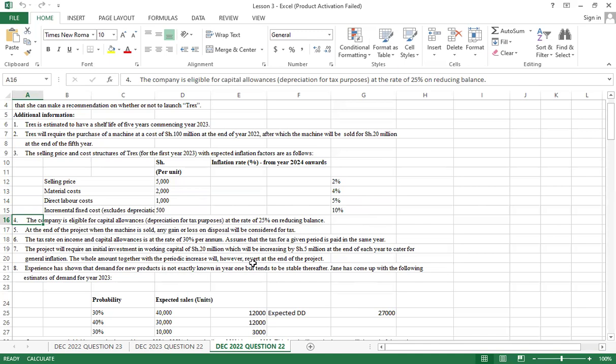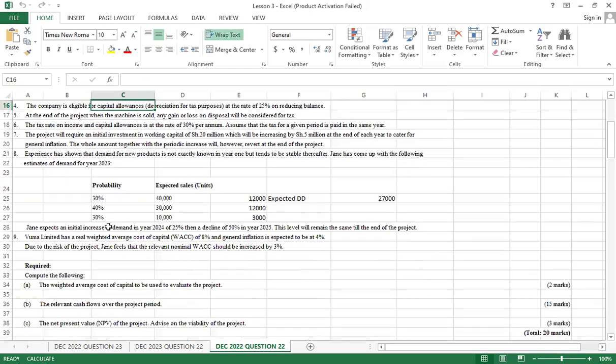But the fact that the question provides it means that we need it to compute something thereafter. What it is we are to compute, let's compute once we have determined this capital allowance.